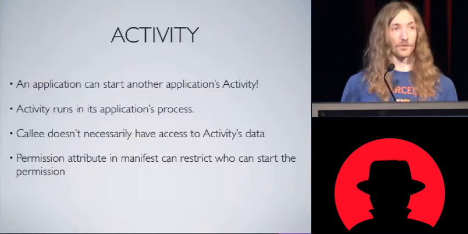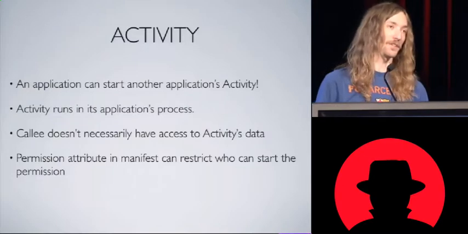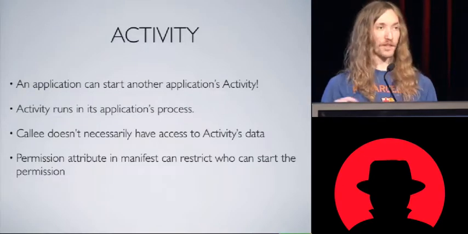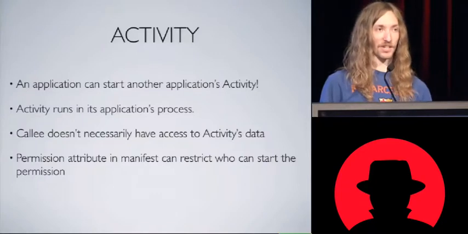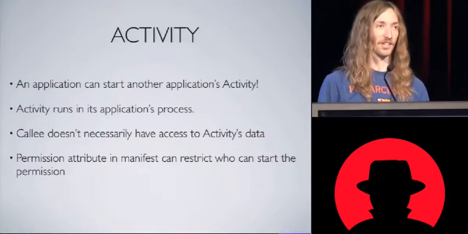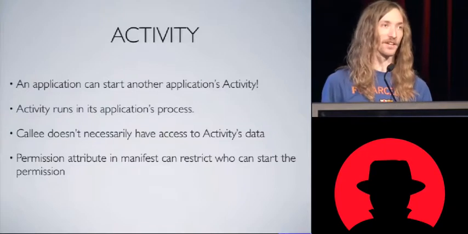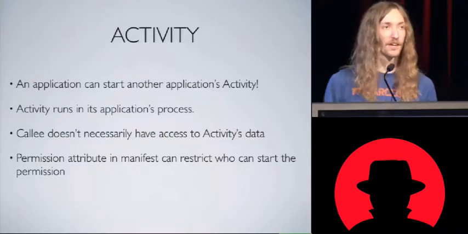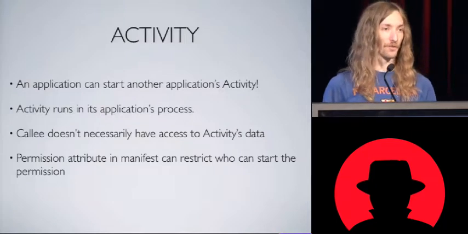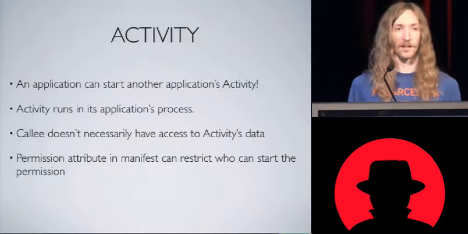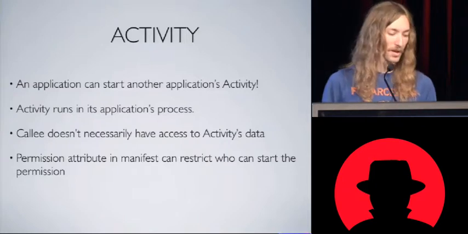The activities themselves, when you start these activities within another application, run within their own application's process. So if you're starting some other application's activity, you won't necessarily have access to any of that application's data or any of the activity's data. But starting activities within your own application, of course, you'll still have access to a lot of the data associated with that.